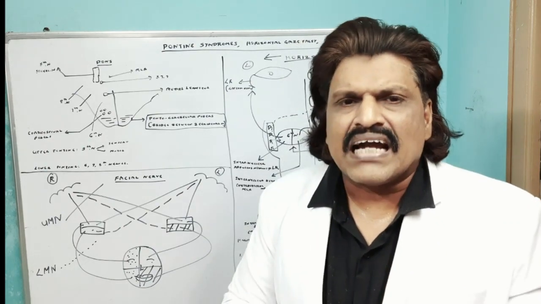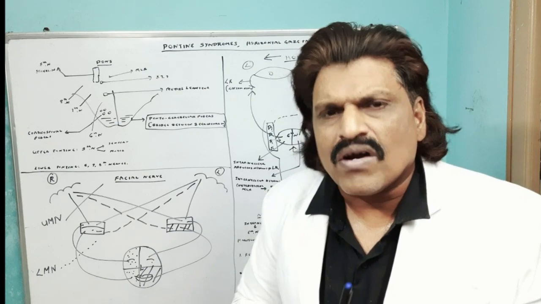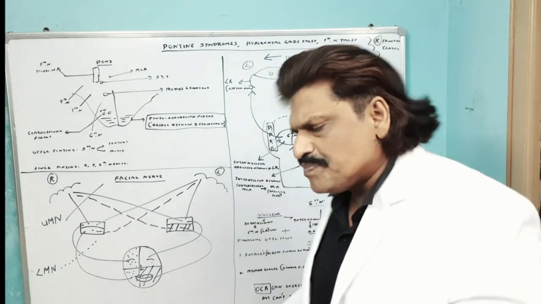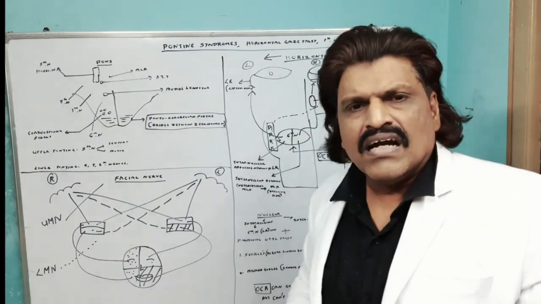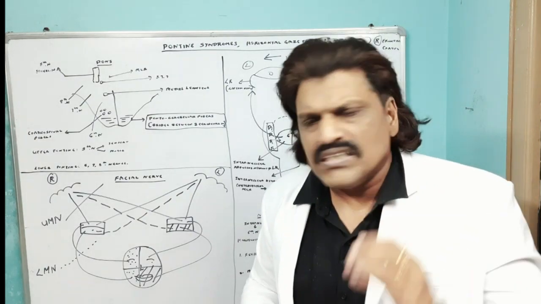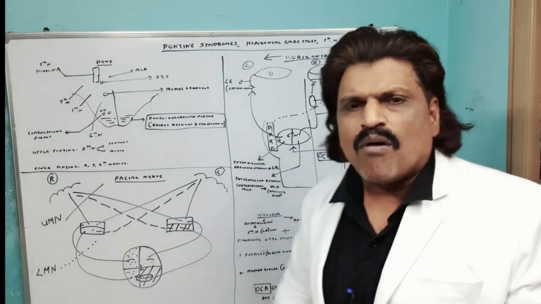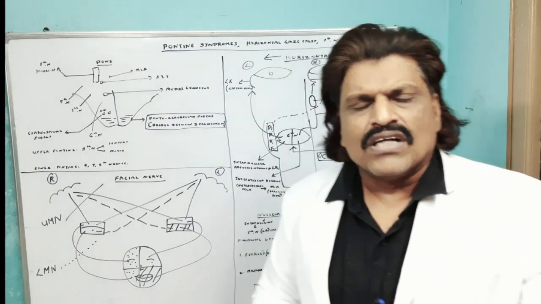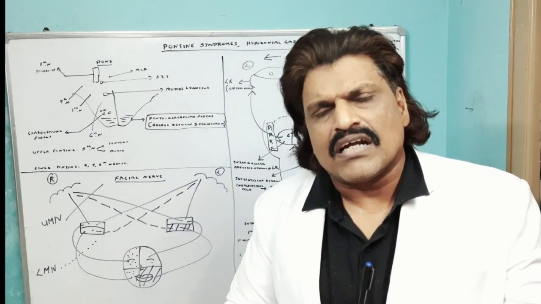To understand that, we need to understand the supranuclear pathway subserving the horizontal gaze. So here we go, we have the eyes. The horizontal gaze center is the PPRF, paramedian pontine reticular formation.